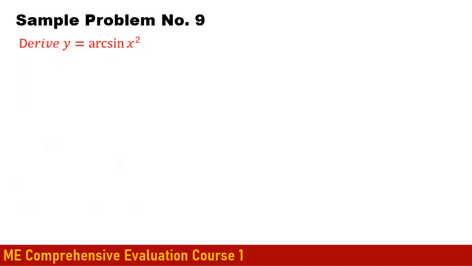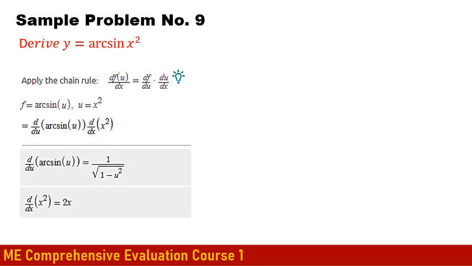Derive y is equal to arc sine of x squared. So we are going to apply the chain rule for this given equation, where our f is the arc sine of u and our u is equal to x squared. So applying the chain rule, we will put the derivative of f first multiplied by the derivative of u, which is x squared.